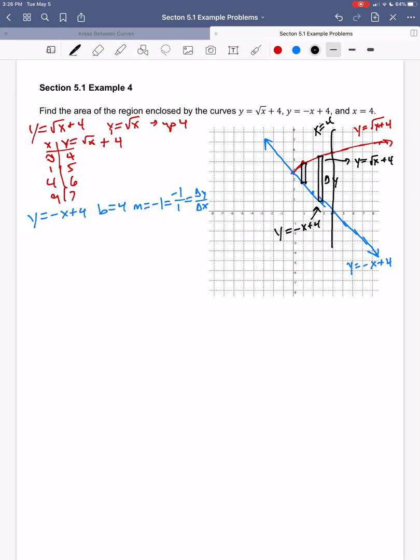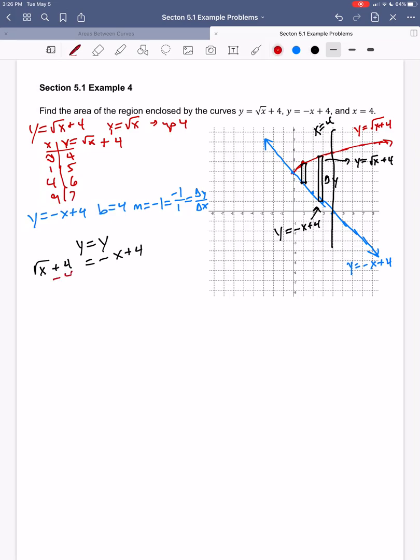Now, I've said it looks like we know where they intersect, right? But we can find where they intersect if we set the y-coordinates equal to each other. So we would get square root of x plus 4 equals negative x plus 4. Well, then to solve for this, I want to square both sides, but I want to get the square root by itself first.